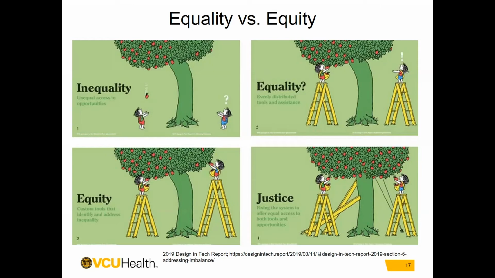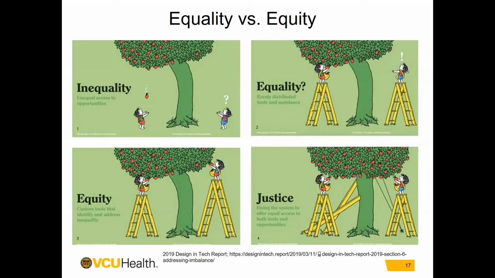So if we start with the graphic in the top left-hand box, inequality essentially is that one group may have access just because of the way that we are, but there's unequal access to certain commodities or certain things. But the thing that I would ask you to think about is the tree. The tree itself and the way that it has grown up essentially can be viewed as representing systemic racism.